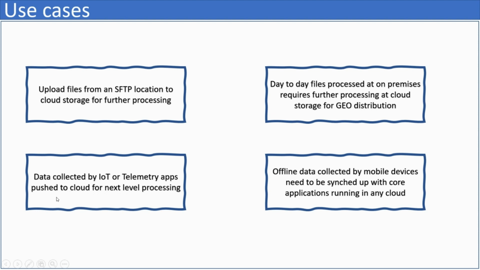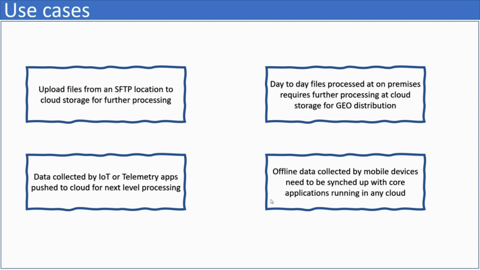Third one is, data collected by IoT devices or telemetry apps can be pushed into a cloud storage for next level processing. And the last one is offline data collected by mobile devices that needs to be synced with the core application running in the cloud.